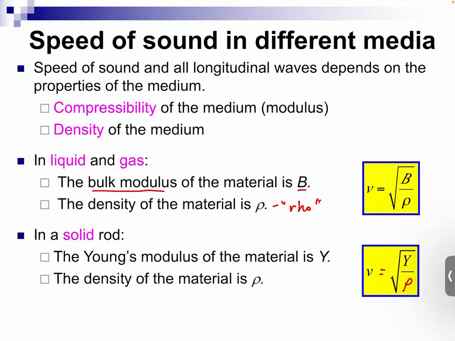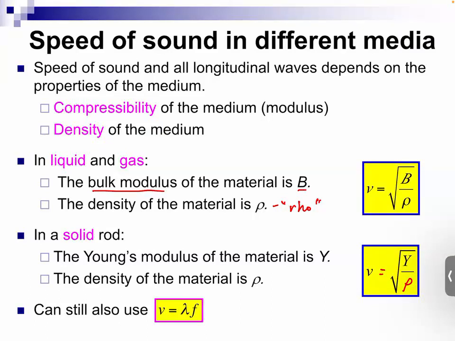Right? But regardless of which medium the longitudinal wave propagates through, just remember that sound, or a longitudinal wave, is still a wave. So the speed of that wave is still related to its wavelength and its frequency.